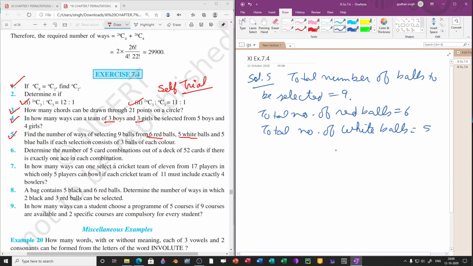And how many blue balls are there? They are also 5. So total number of blue balls is equal to 5. And what it says is that each selection consists of 3 balls of each color. So we have to select 3 balls of each color.